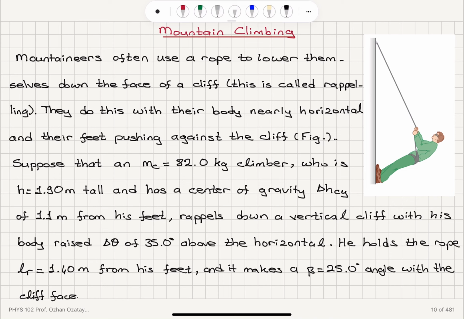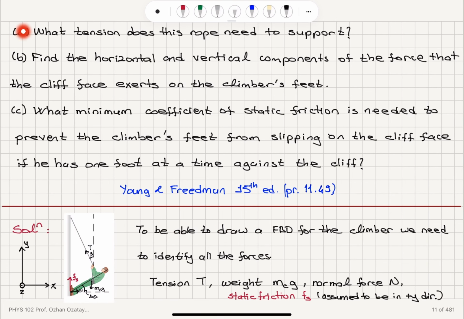He holds the rope L_R = 1.40 meters from his feet and it makes a 25-degree angle with the cliff face, so with the vertical. Part A, what tension does this rope need to support?